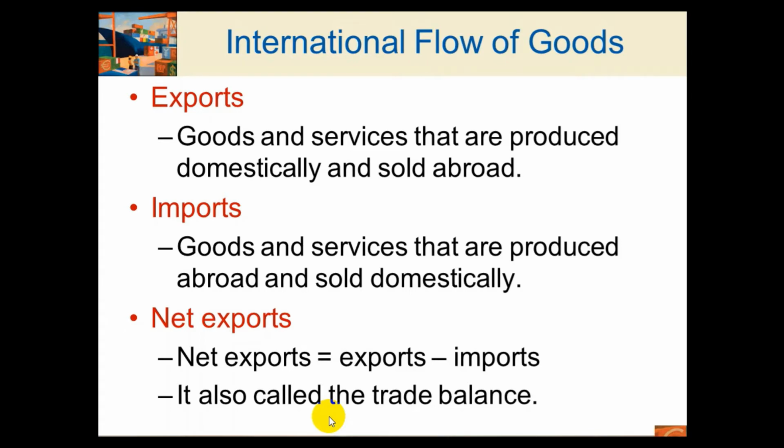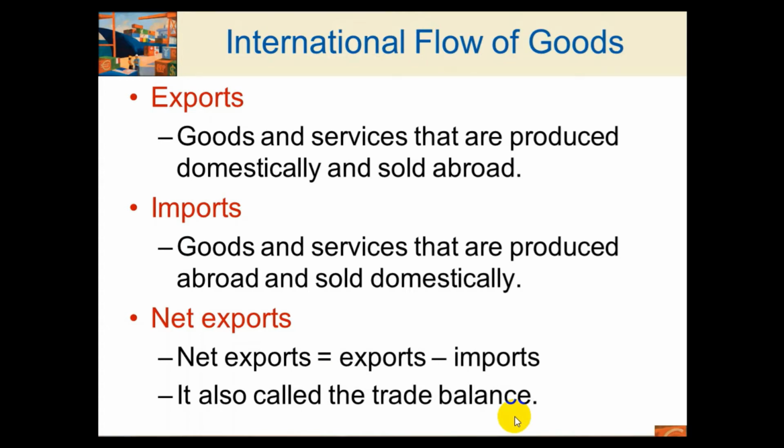Combining the difference between a country's value of exports and value of imports, it's called net export. Based on the formula, the net export of a country is the value of exports minus the value of imports. It is also called the trade balance or commercial balance.